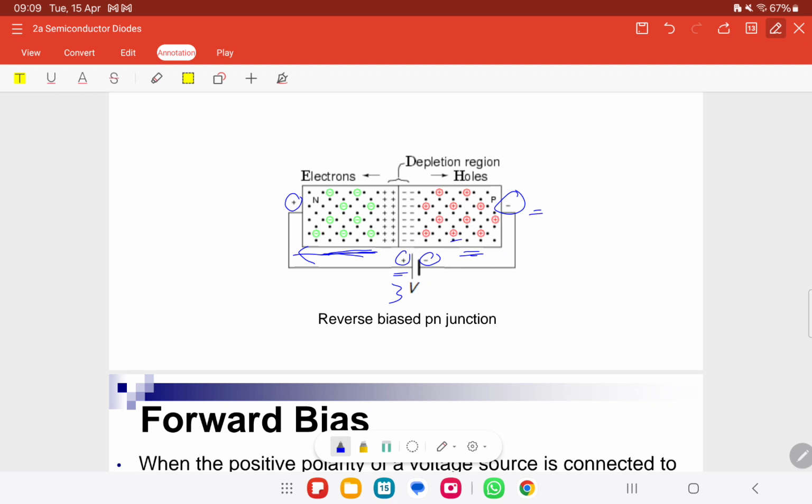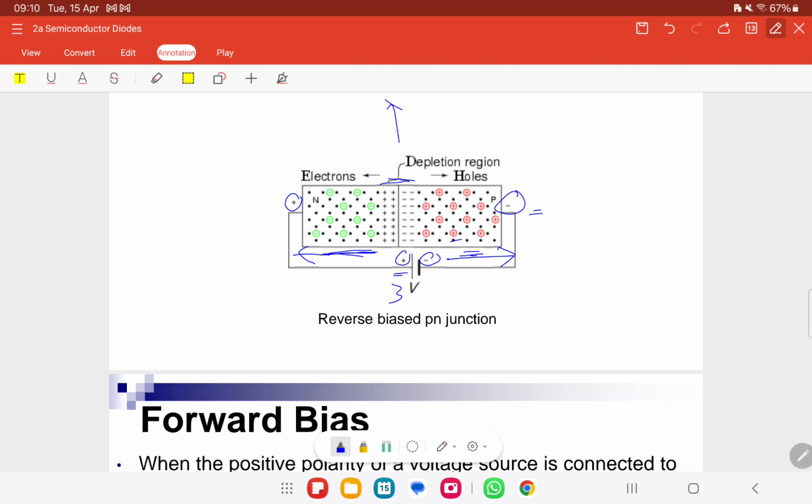There is a negative charge at the end, so they all go to the edge. So in the middle we will have a wider space charge region, or depletion region. The bridge in the middle is much wider.